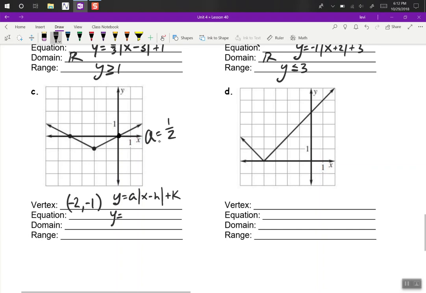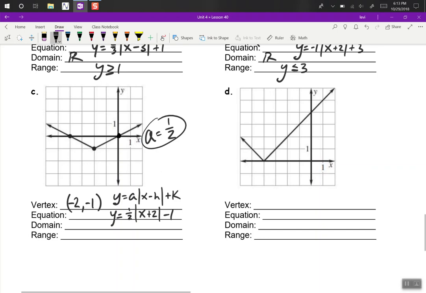So I'm getting my a value from right here. That was our slope, up 1, right 2. So 1/2 times the absolute value of x, and then minus the opposite of whatever's in there. So if it's negative 2, it's going to be x plus 2, because the general formula is already minus. Subtracting a negative 2 makes a positive 2. And then take k as is, plus k. So k is negative 1.